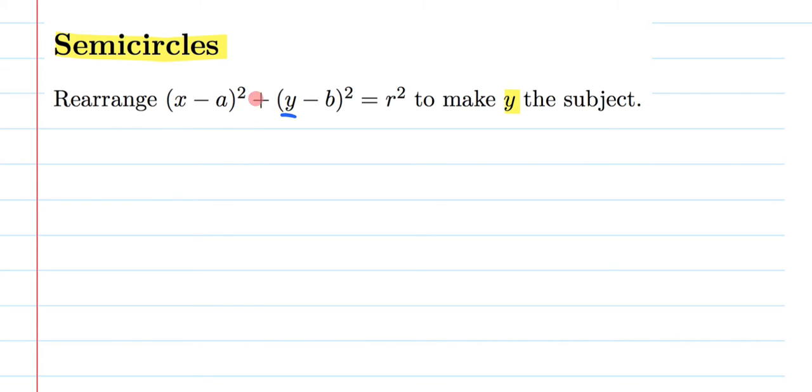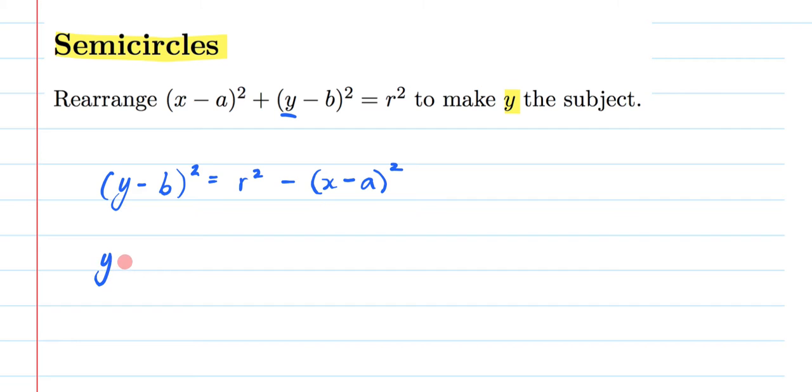The first thing I'm going to do is move this over to my other side. So I'm going to get (y - b)² equals r² minus (x - a)². I then am going to square root both sides to get rid of this squared here.